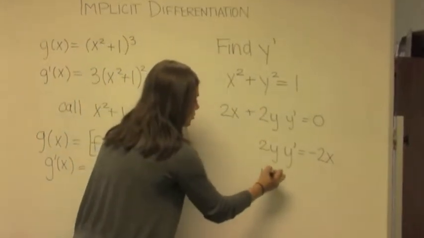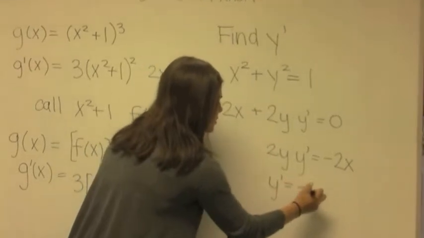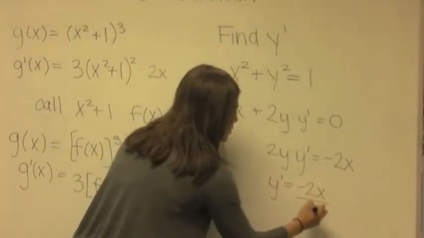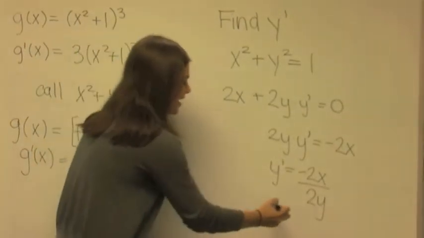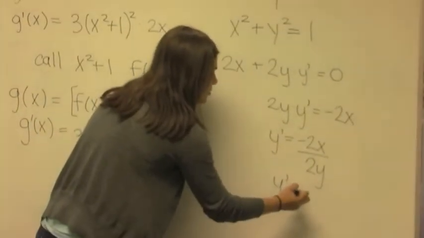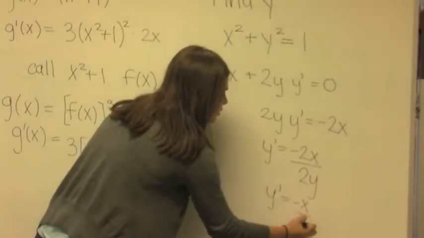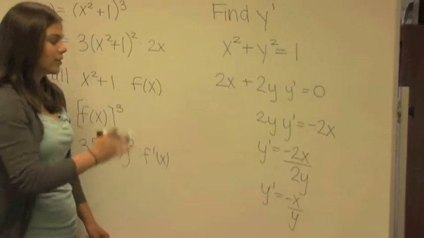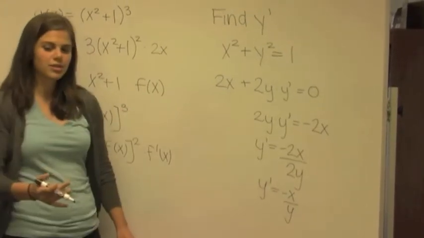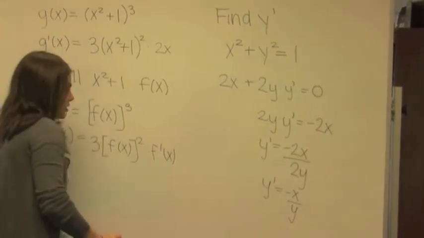So y prime equals minus 2x over 2y. And of course we can simplify that to y prime equals minus x over y. And we're done. So that was a simpler example, but now let's try one that's a little bit more difficult.